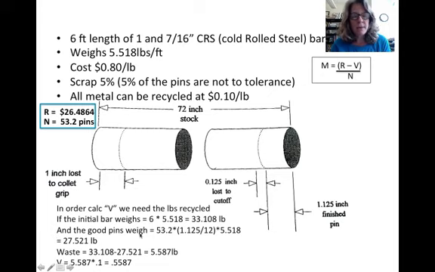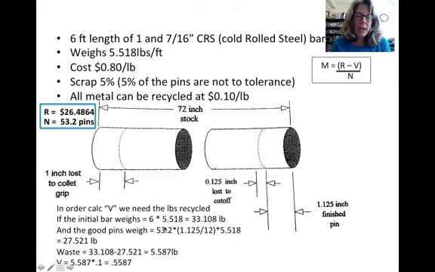Now the good pins, the ones we got out that were good that we ended up selling, is 53.2, because that includes the scrap rate of 95%. And each pin weighed 1.128, and that is in inches, so we need to convert it to feet, because this value is 5.518 pounds per foot.